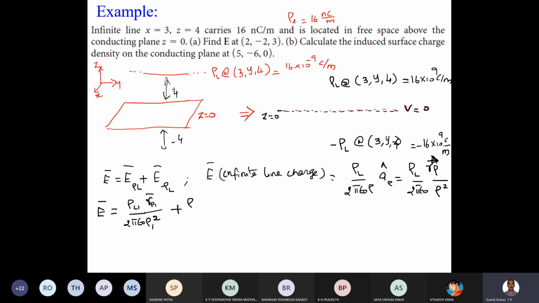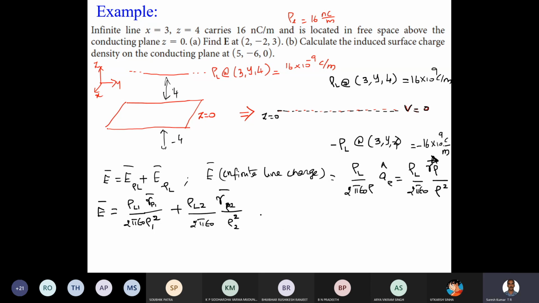Same way, the second charge rho L2 over 2 pi epsilon naught, the vector connecting the observation point or field point and the source point, that is r rho 2 over its magnitude, rho 2 square. Maybe you can take its magnitude, r, no issues.